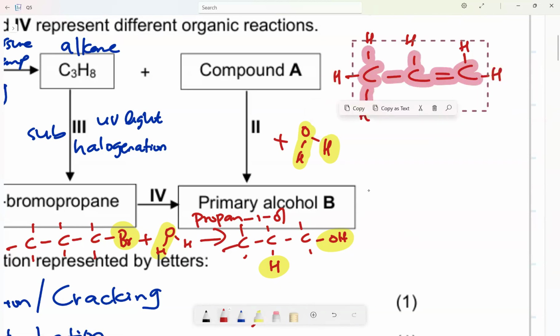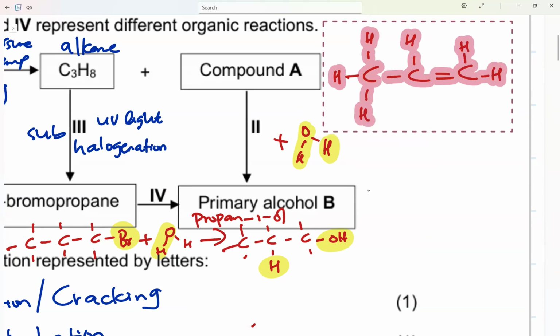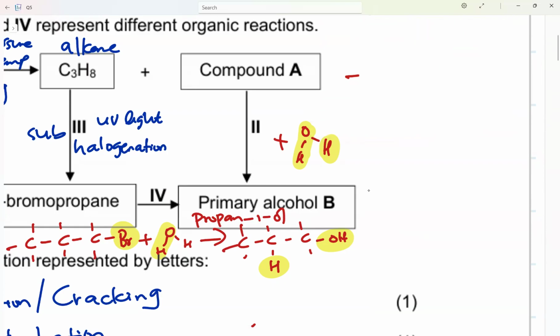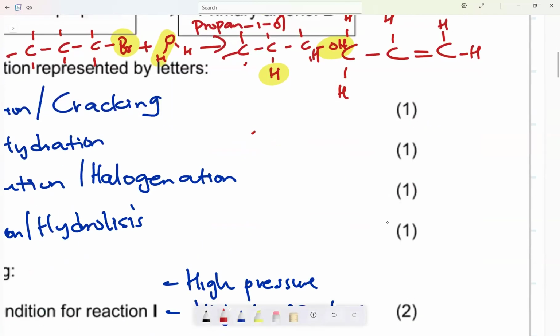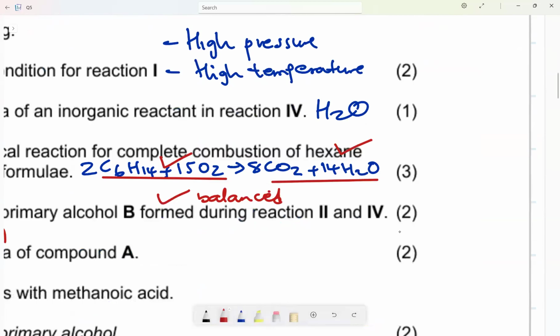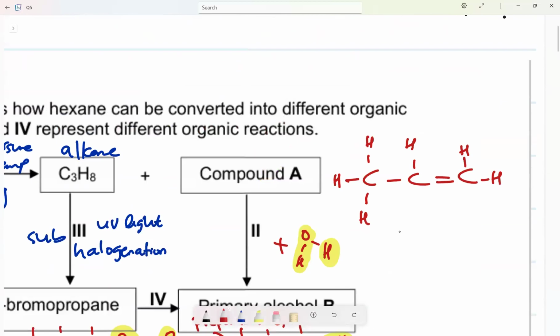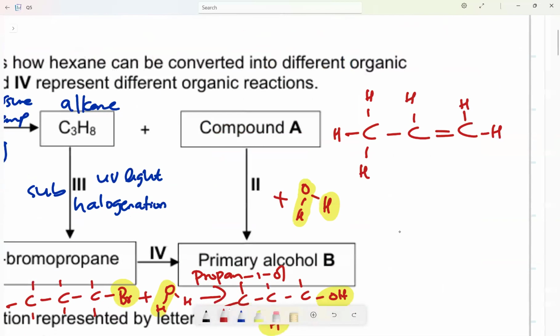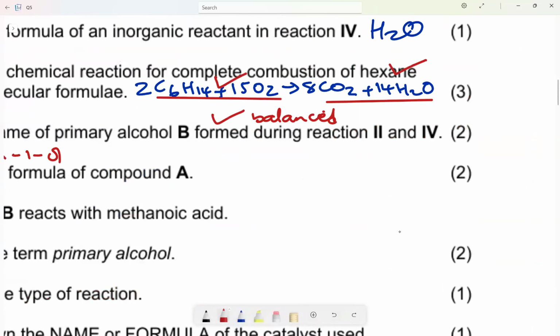I know that it is propan-1-ol, because the functional group is on carbon number 1.